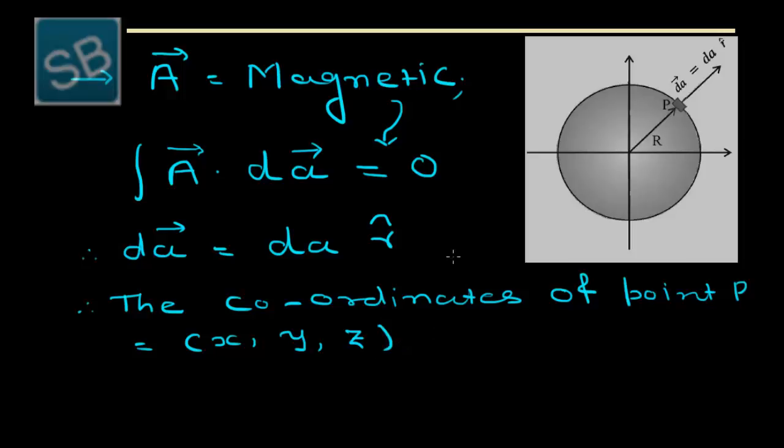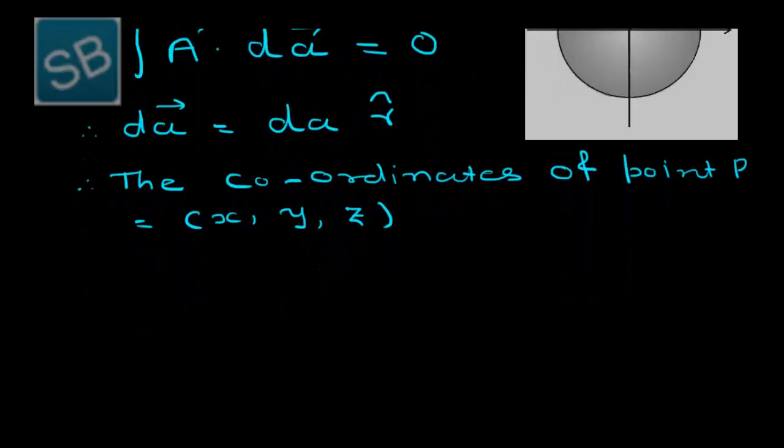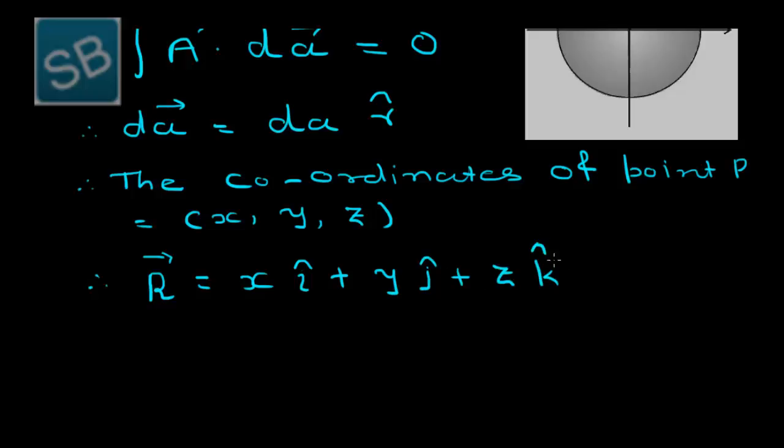Now this is the vector which represents the actual position, or we can say the direction towards the point P. So I can consider this vector r as similar to the given field, and hence my vector r is equal to x i cap plus y j cap plus z k cap.